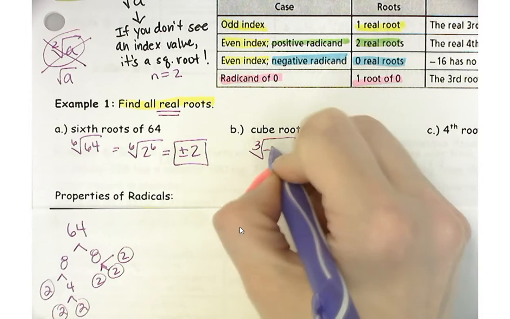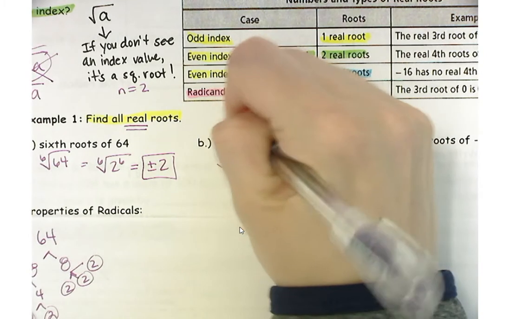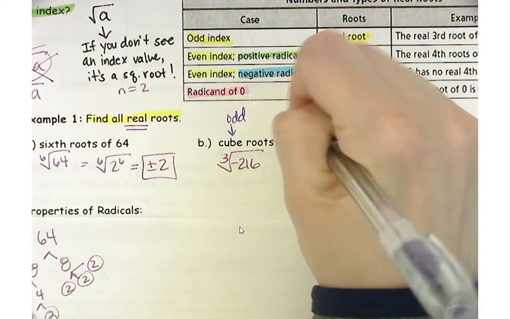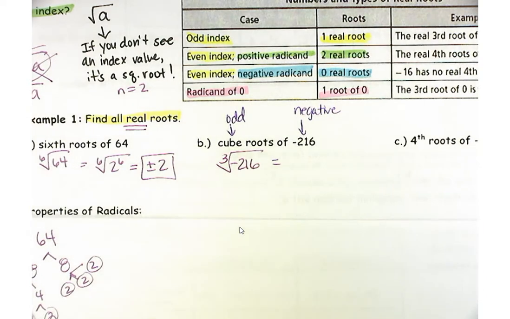So your answer should be negative. You didn't get to 216 on your chart, so you just have to go, 5 cubed was 125. So the next thing I would try is 6 cubed is 216, so I know this has to be negative 6.